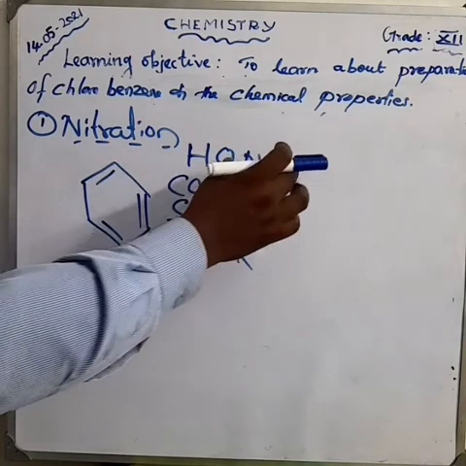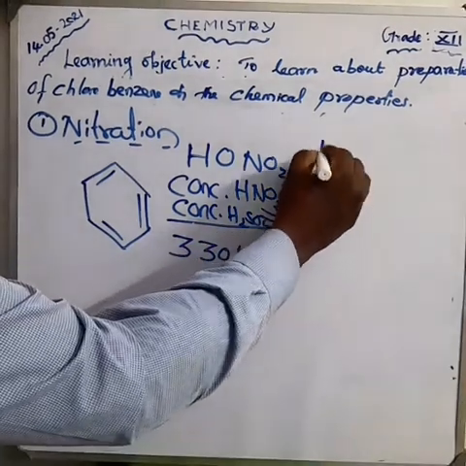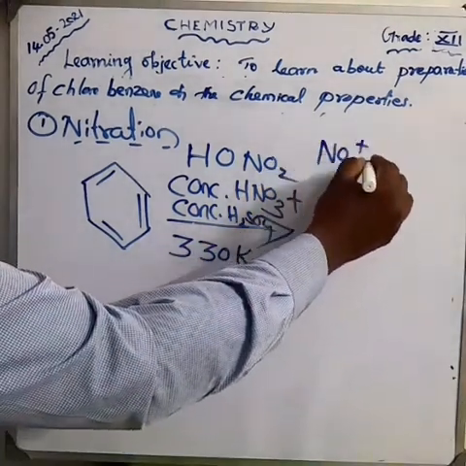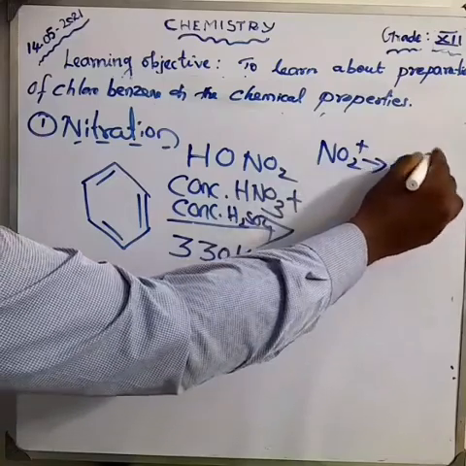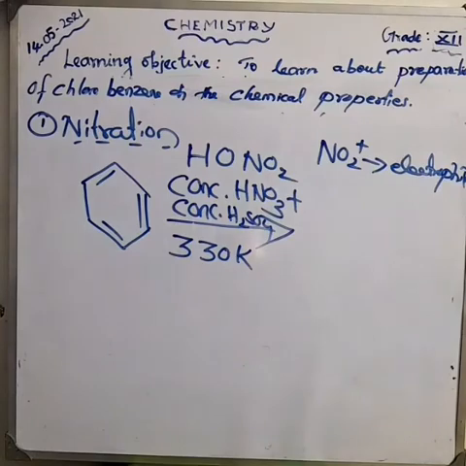Here, NO2+ is an electrophile. Okay, when NO2+ is an electrophile, we are saying it is an electron loving species. That means an electron loving species.